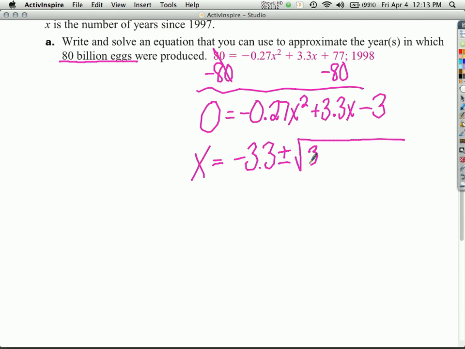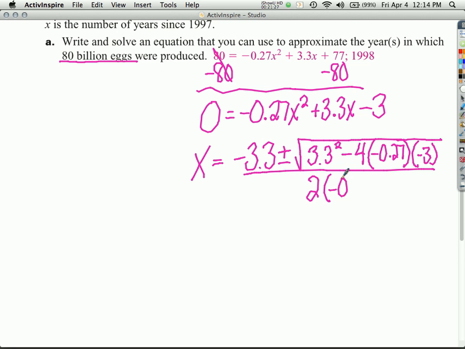Well, I don't know that yet, so I'll just write down B squared minus 4 times A times C, all over 2 times A. Now I'm going to go to my calculator because we've got lots of decimals.